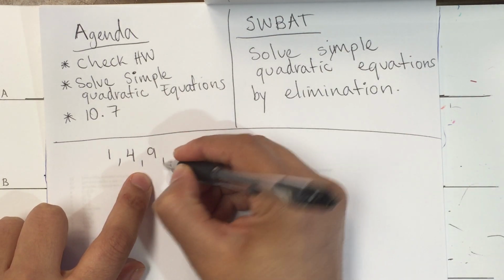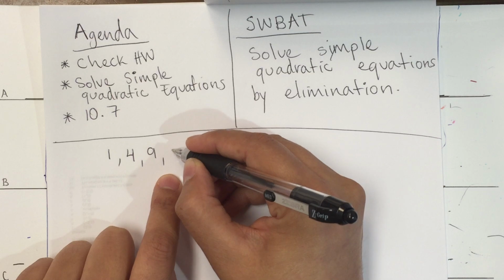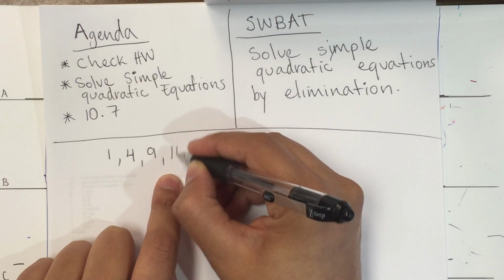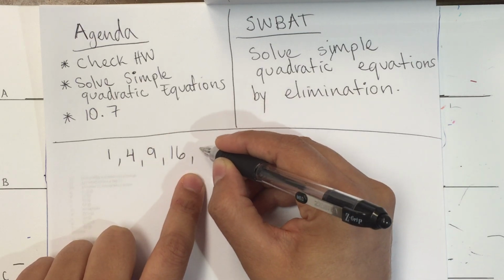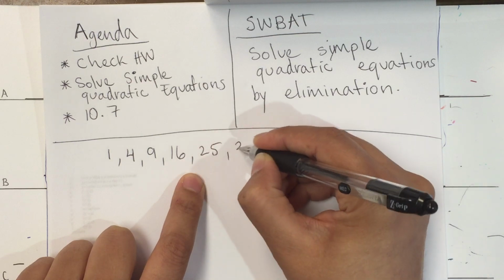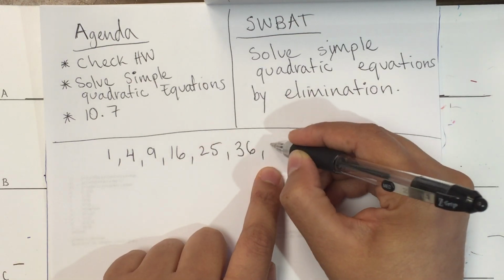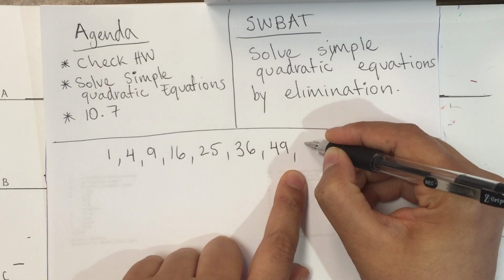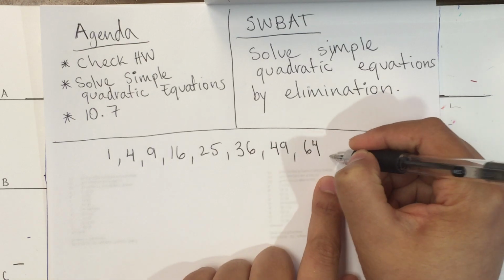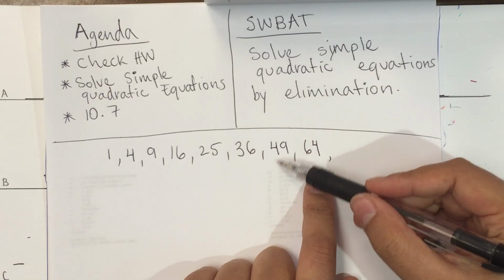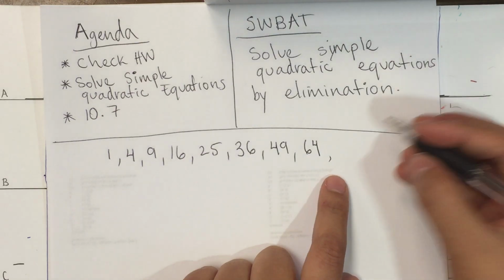3 times 3 is 9. 4 times 4 is 16. 5 times 5 is 25. 36. 49. 64. And again, it's just 8 times 8, 7 times 7, 6 times 6.